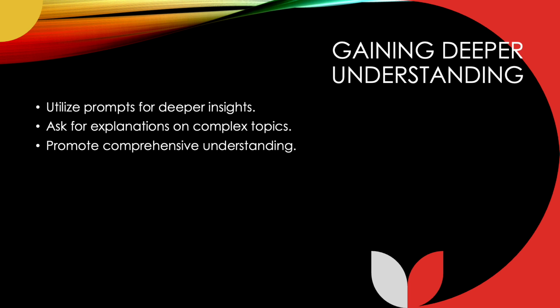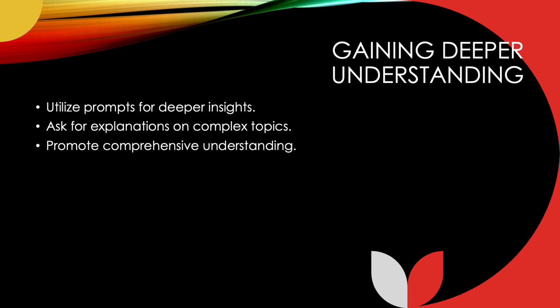Next, you can use a prompt to gain a deeper understanding. You can write a prompt to get a proper explanation of a very complex topic, and it can help you understand it properly. One basic example is you can ask ChatGPT to explain it like you're a 5-year-old, 10-year-old, or a person who doesn't know about this concept.